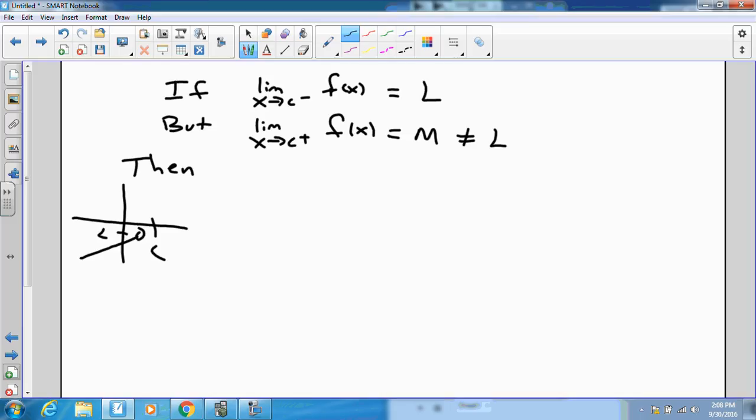Here's a c, and here comes f, and it's going to go to some number L from the left. And here it goes from the right, it has a different value M, like that.